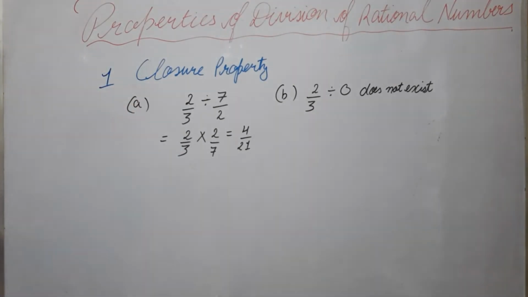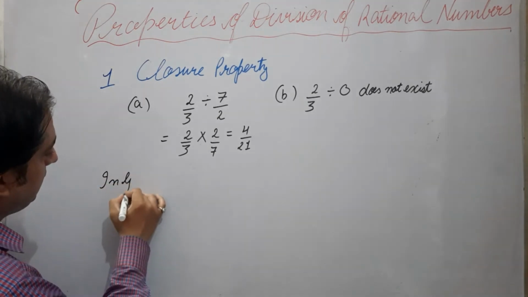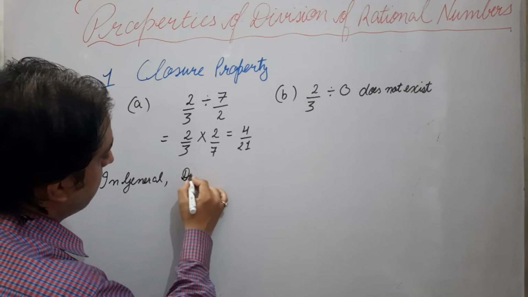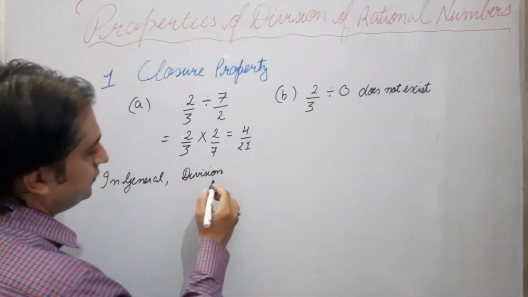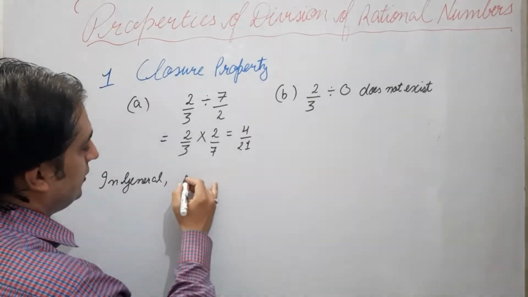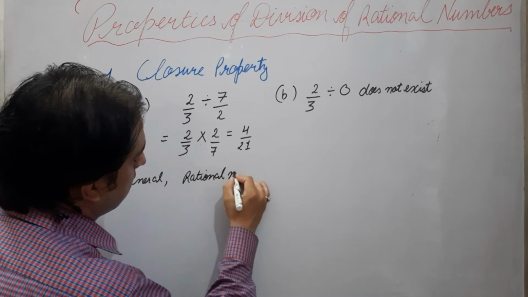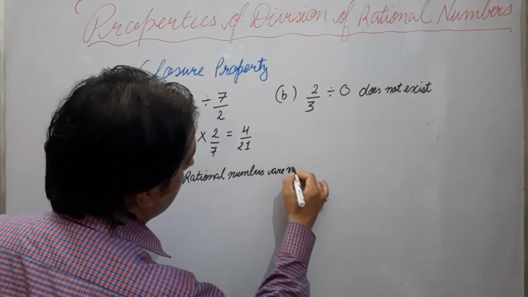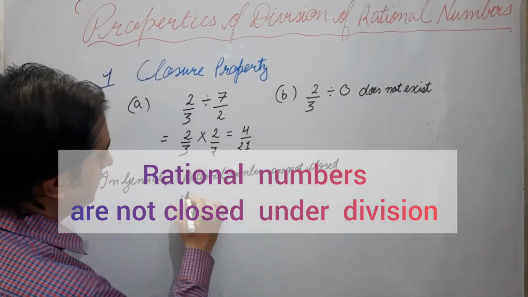So in general, we write that rational numbers are not closed under division.